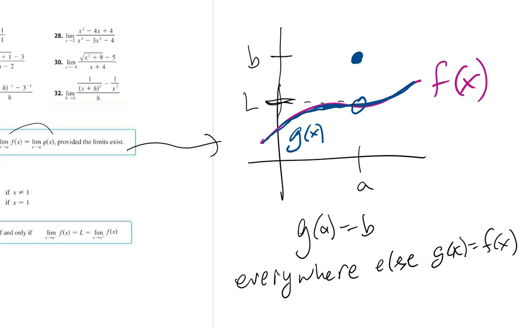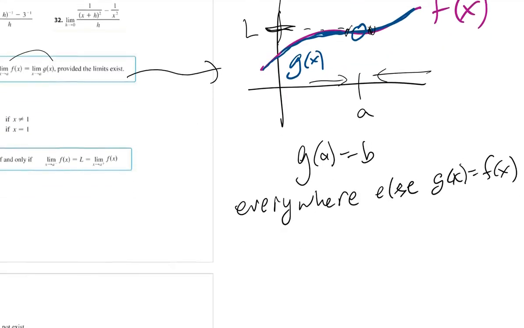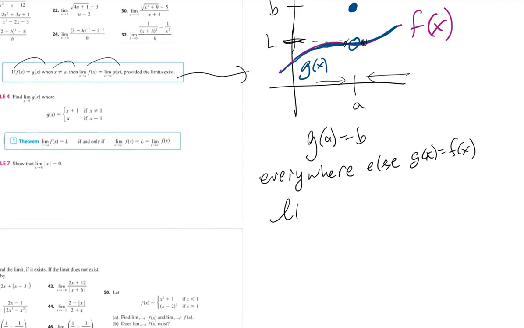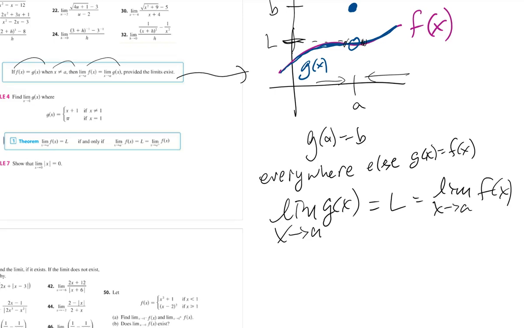Well, the limit doesn't really care what's going on at a so much as around a. So the limit of g of x as x goes to a is still L, which is the same thing as the limit as x goes to a of f of x, okay?